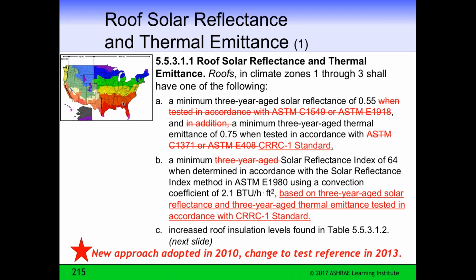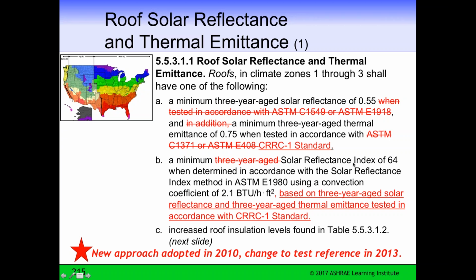So for roofs in these climate zones, and this should say climate zone 0 through 3, you have a new approach which has a minimum 3-year aged solar reflectance of 0.55, and a minimum 3-year aged thermal emittance of 0.75, and it gives you the Cool Roof Rating Council standard that you use to test this.